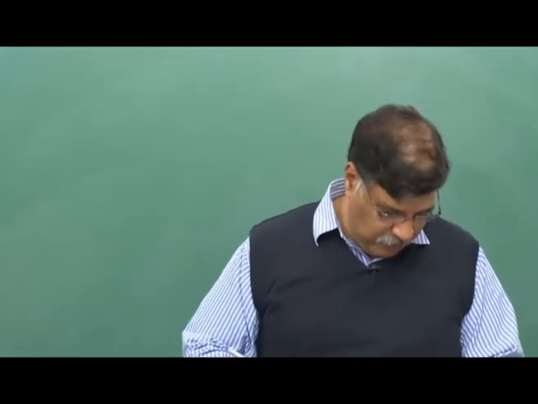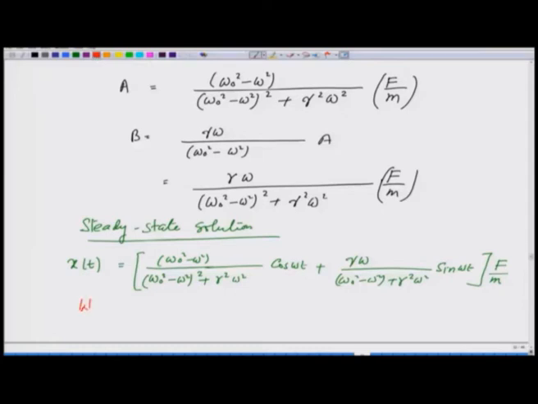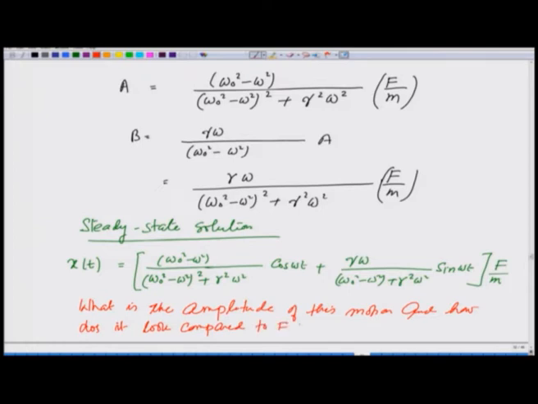The question that we now ask is, what is the amplitude of this motion and how does it look compared to f cosine of omega t. Let us see that.